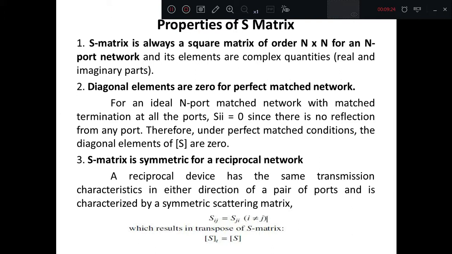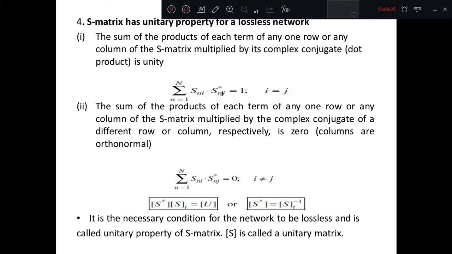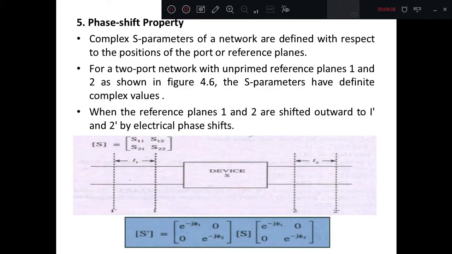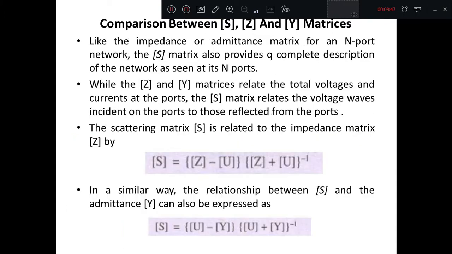For a reciprocal network, the S matrix always exhibits the symmetric property, and the S matrix has the unitary property for a lossless network, and the necessary condition is S star into S transpose equal to the unitary matrix. Next there is a phase shift property. The change in the position of the reference plane makes a change in the phase shift value of the S parameter.